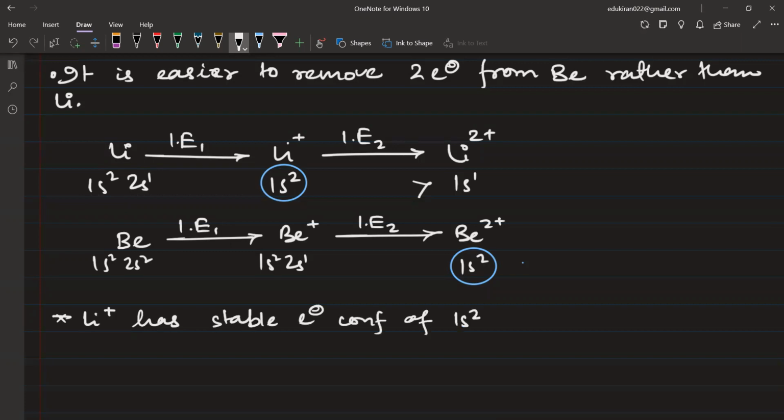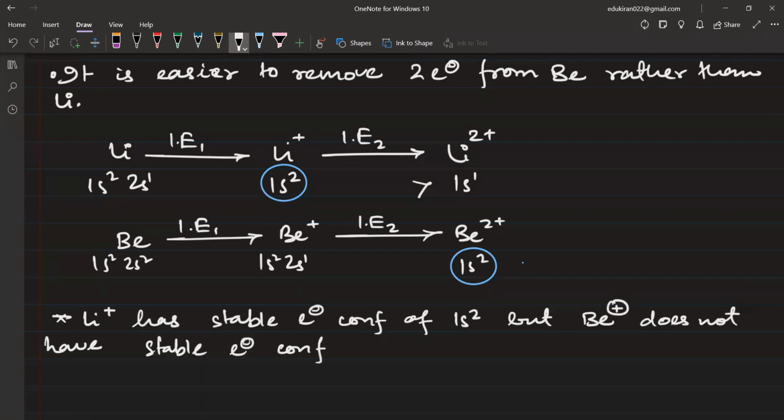But Be positive does not have a stable electronic configuration. Hence, ionization enthalpy 2 of lithium is higher than ionization enthalpy 2 of beryllium.